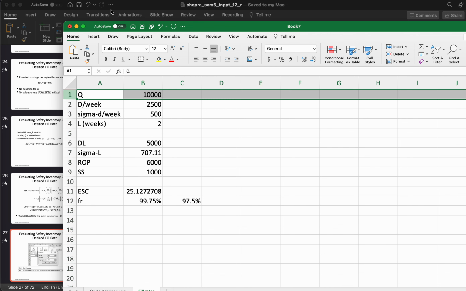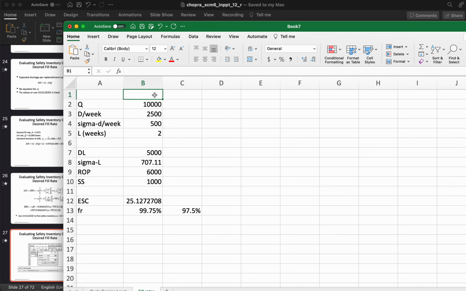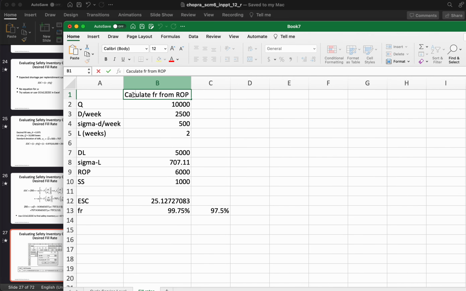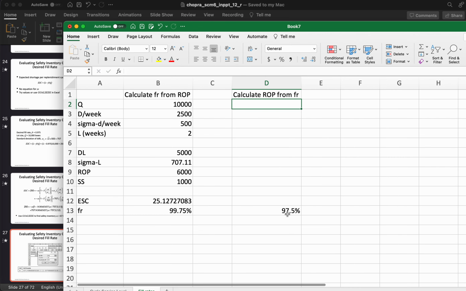Let me insert a row here. Call it calculate fill rate from ROP. That's the first calculation that we did. Now here we are fixing the fill rate.